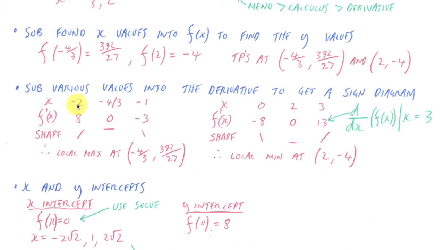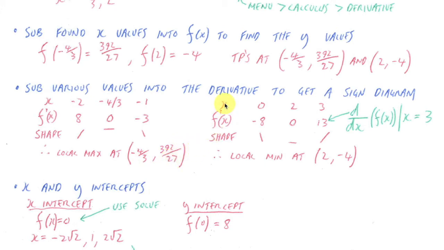The position to the left, -2, if I substitute that in, it'll be 8. 8 is positive, so therefore it's increasing. And if I substitute x = -1, I'll get -3 for the derivative, and that will be decreasing. So it's up, flat, down. Therefore, I know I have a local maximum turning point at (-4/3, 392/27).